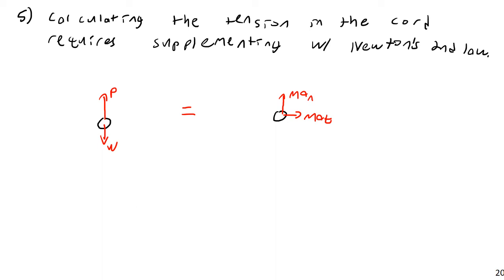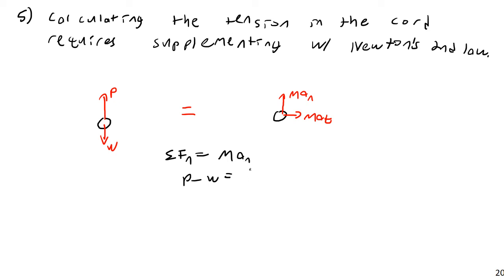Then I could go on further and say, if I did a balance, the summation of forces in the normal direction is m a n, or P minus W equals the same kind of thing we had previously.